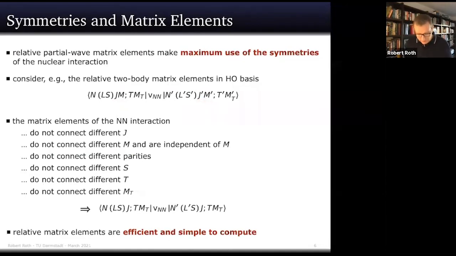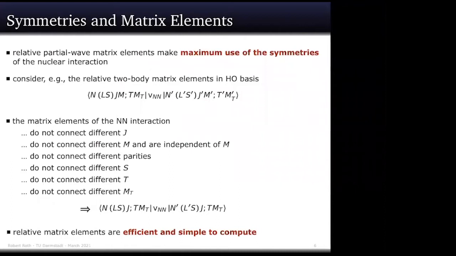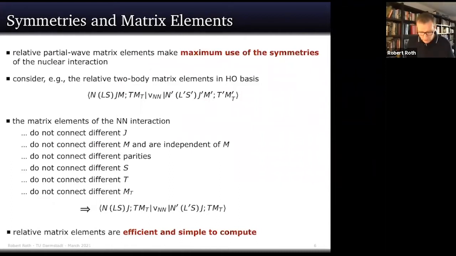And you can go on with this list and consider different other symmetries. For example, spatial inversion, just point symmetry gives you that different parities are not connected. You don't connect different spins. That's also a result of rotational invariance. And you require also some symmetry in isospin space, which means that you don't connect different T and different MT. With all of this taken into account, you know before doing any computation of a matrix element that from all these different primed quantities here, only two survive.